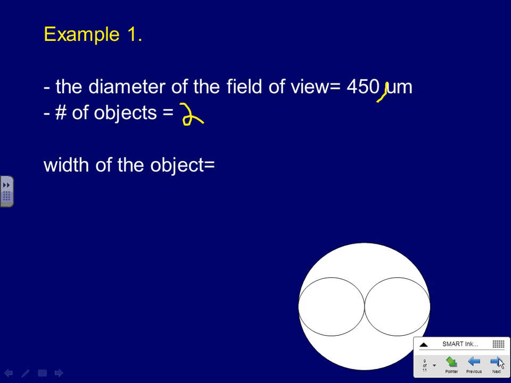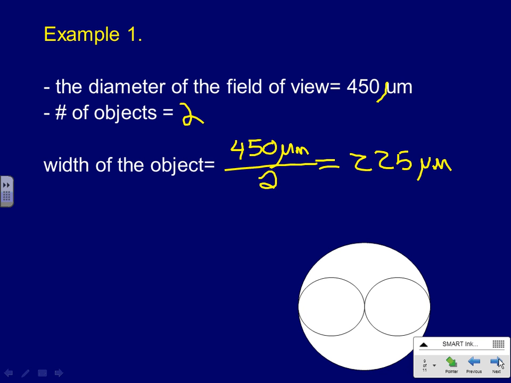And therefore, the width of the object, well, how wide is the field of view? How many can fit across? It is that simple. 225 micrometers.